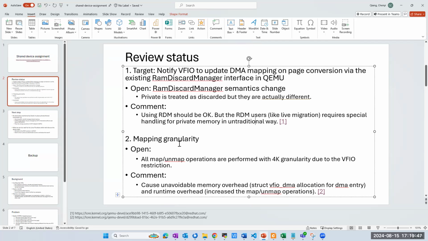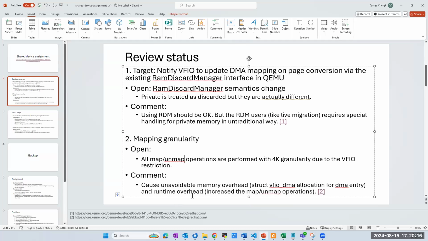The other one is the granularity of the DMA mapping. Because of the VFIO restriction, all the map and unmap operations are performed with 4K granularity. So we have to split the whole range into 4K pages and do the DMA map and unmap.